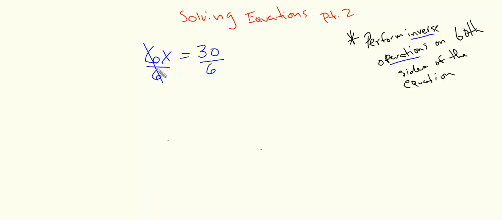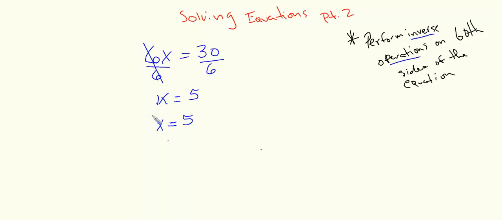So I have 6 divided by 6, and that's 1. So I have 1x equals 5. And 1 times x, well, that's x. So I have x is equal to 5.